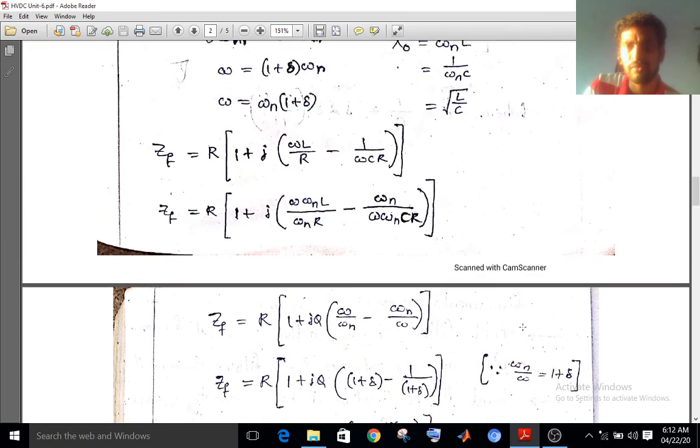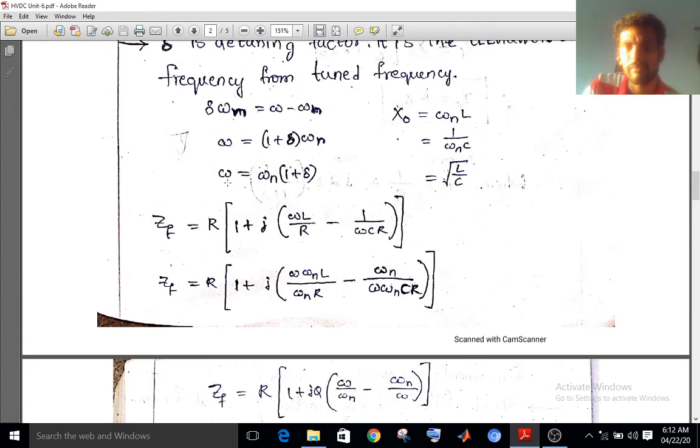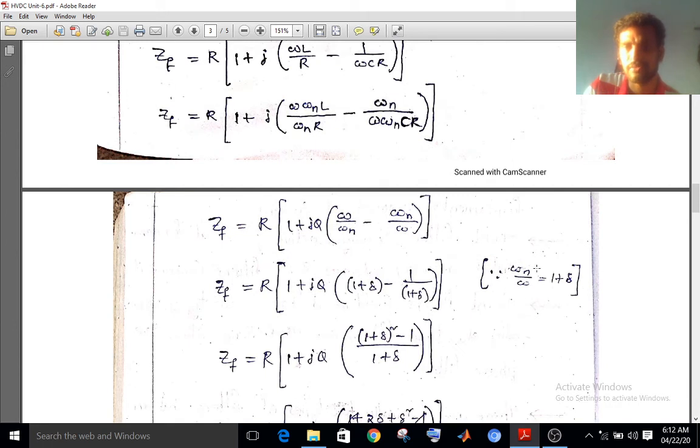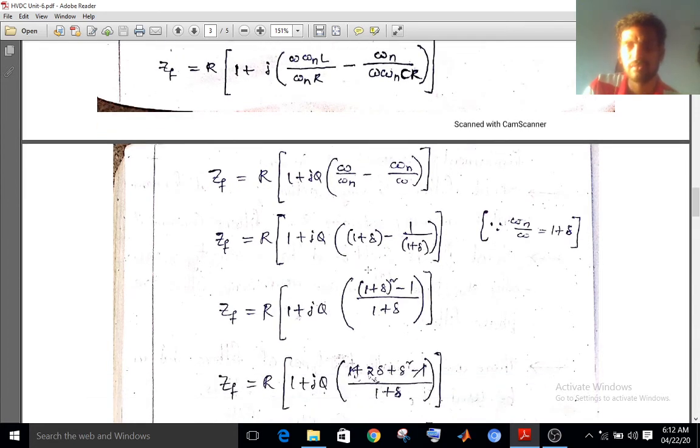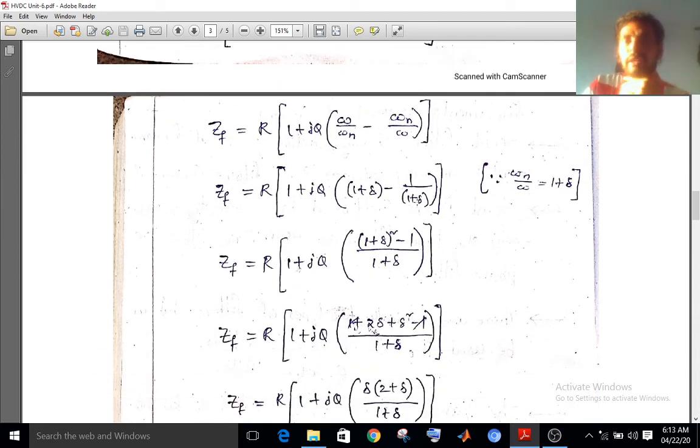But we know that omega divided by omega n is equal to 1 plus delta. So I am substituting omega by omega n equal to 1 plus delta in this equation. I will get Zf equal to r into 1 plus jQ into (1 plus delta minus 1 by 1 plus delta).